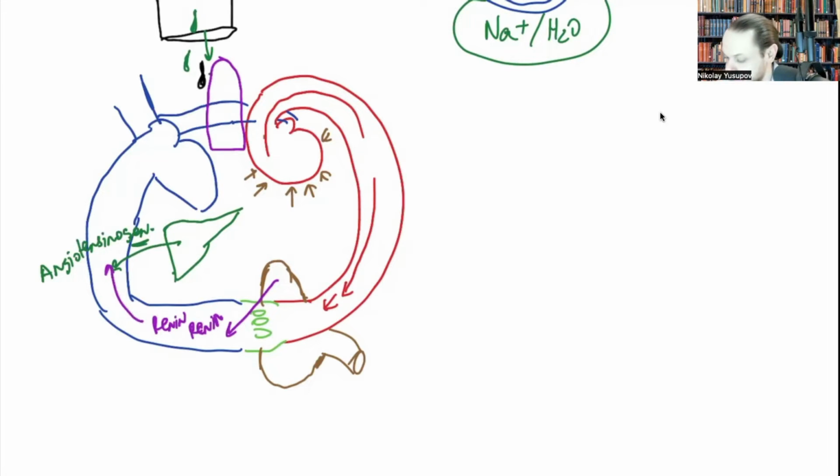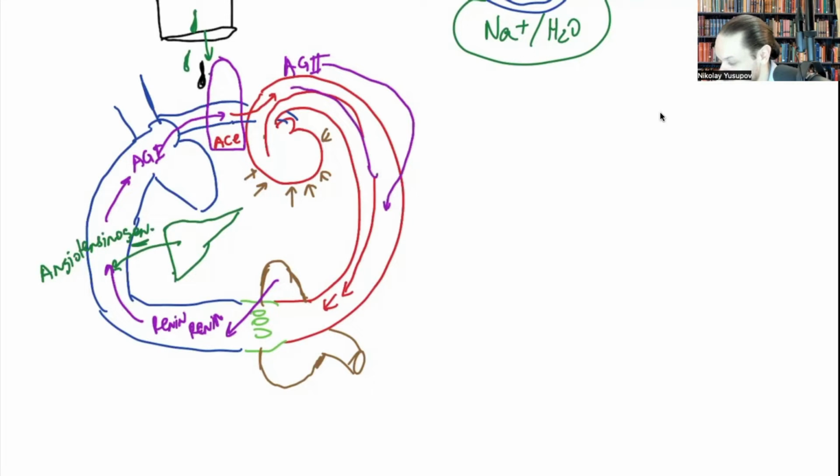It's going to convert this into angiotensin 1. And then as it goes through the lungs, the ACE enzyme is going to now make this into angiotensin 2. And this angiotensin 2, as we said, is going to become systemically circulated and is going to cause profound vasoconstriction in your arterial side, and is going to stimulate aldosterone.